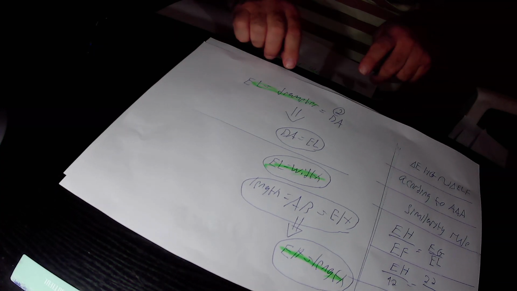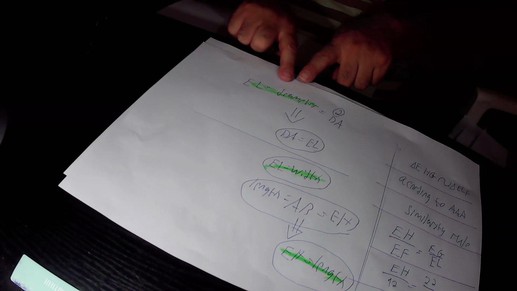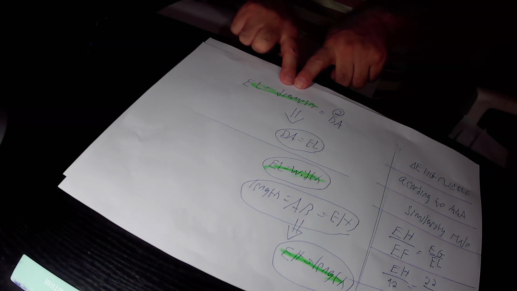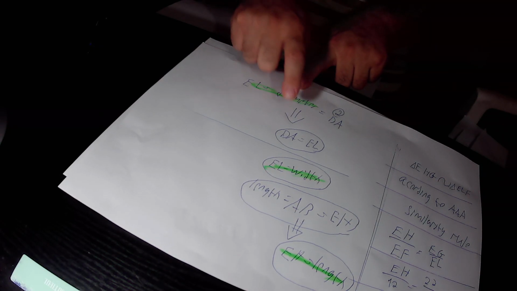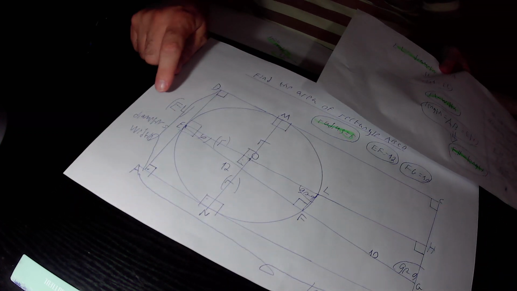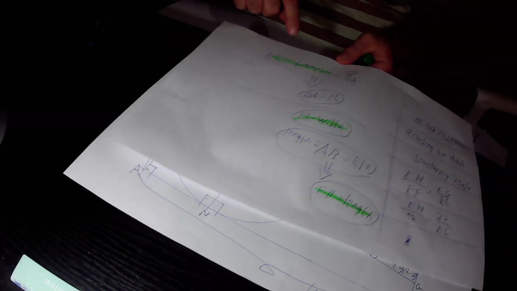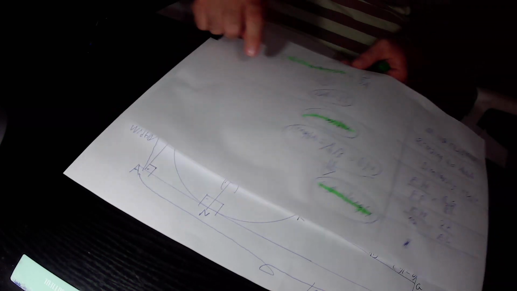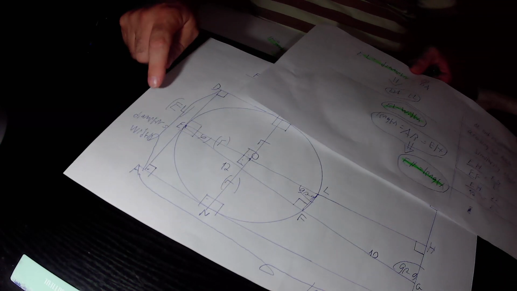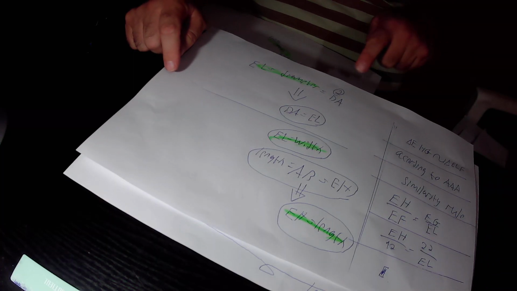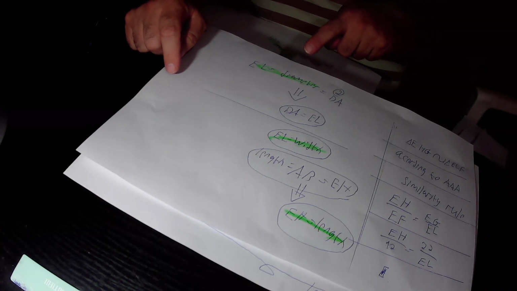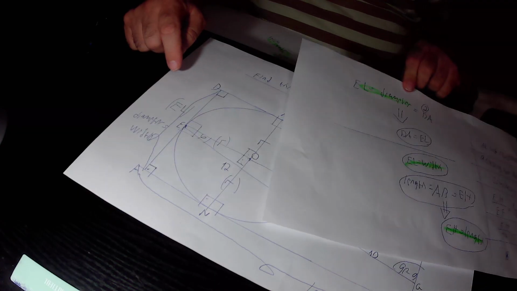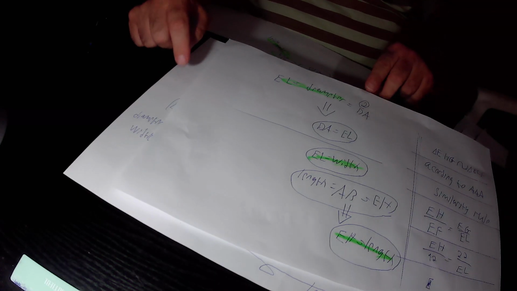Or we can derive also that EL is the diameter of the circle from one side, and it equals DA.